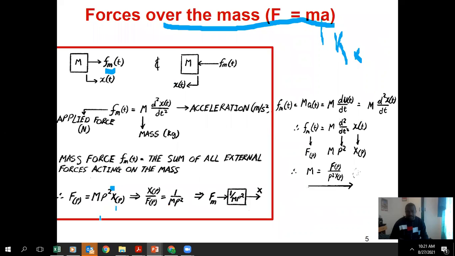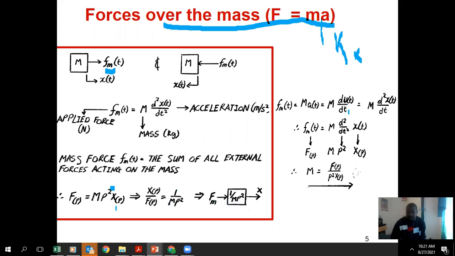Now we take a reciprocal and multiply by X of P, and X of P divided by F of P is 1 over M P squared. So now that's your gain. When you apply force to a mass, Fm, through that gain, it will translate onto a displacement.